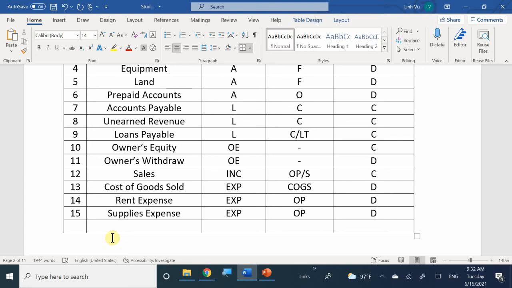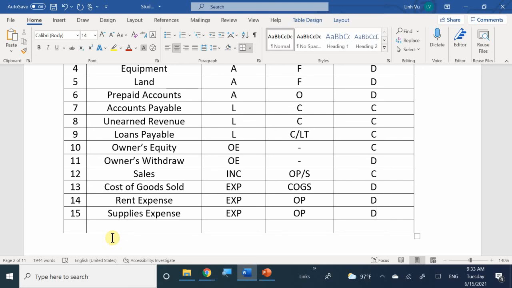Do I own a revenue? Do I own my sales? No, I earn them. If I sell a product, then I earn my sales. And a good way to understand that is, except for long-term liabilities, every current liability will have the word payable right behind it.